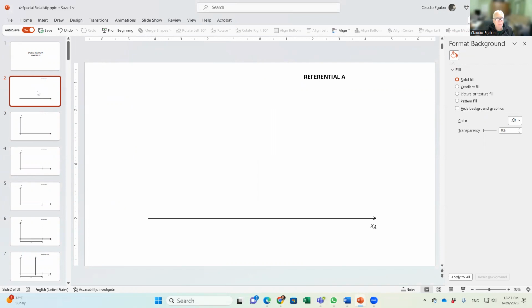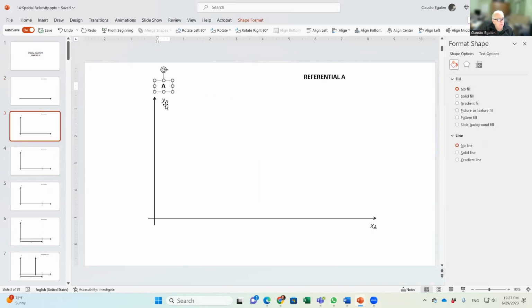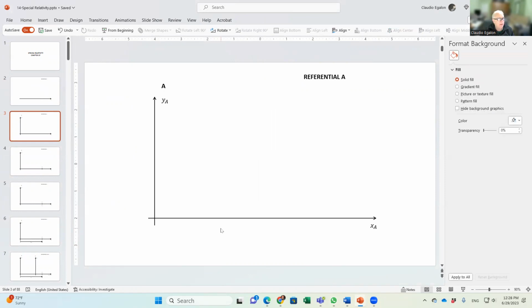So we have a referential A with an x-axis and a y-axis. I label referential A right in here next to the y-axis. Okay, that's our referential. And then we have this point P along the x-axis of referential A. This point P can be denoted with a coordinate xPA.